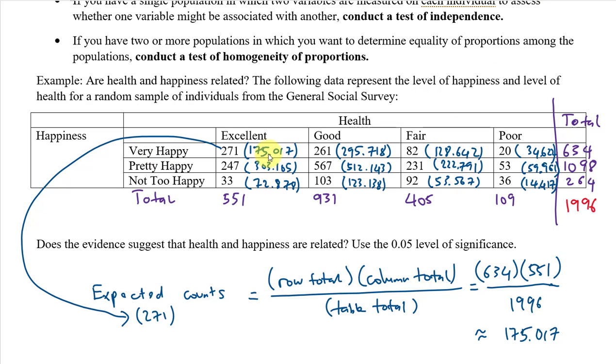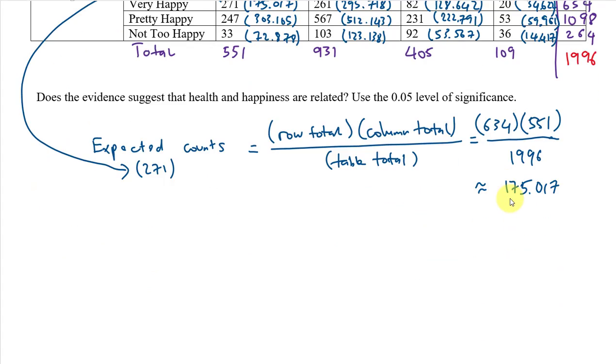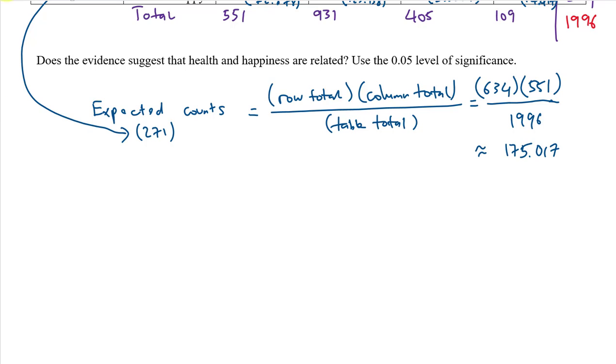And yes, all the expected frequencies we just found are bigger than 5. So we can go ahead and use the chi-square test. The next step is to find the test statistic for the test of independence.